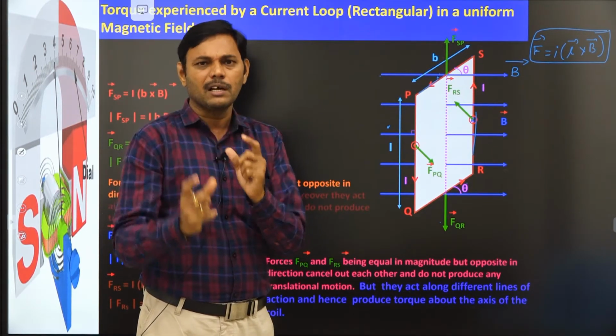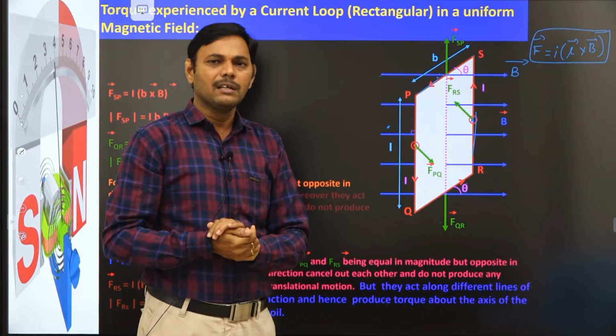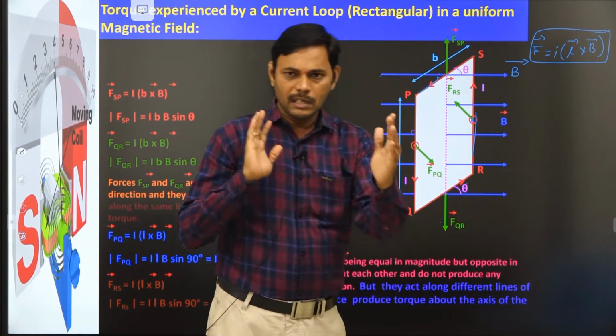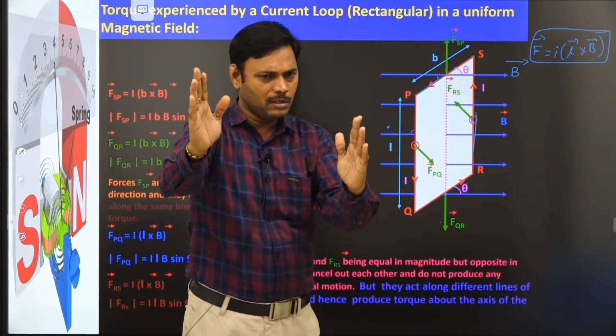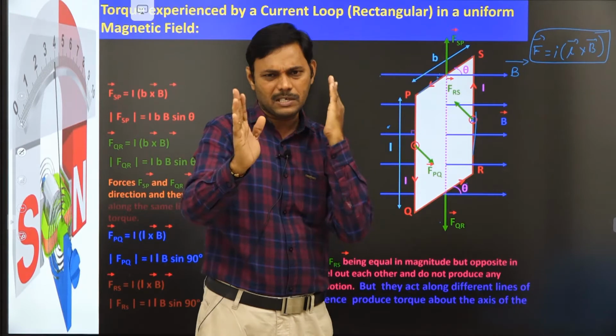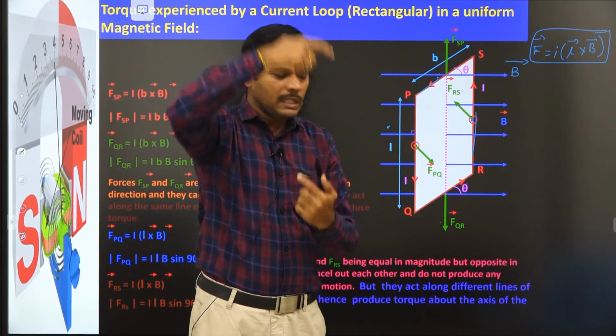It acts like a couple and produces a torque and rotates the coil about the axis of rotation in this direction. So the PQ force is out of the board and the RS force is into the board. These two are equal and opposite in direction and rotate the coil in this direction about the axis of rotation.